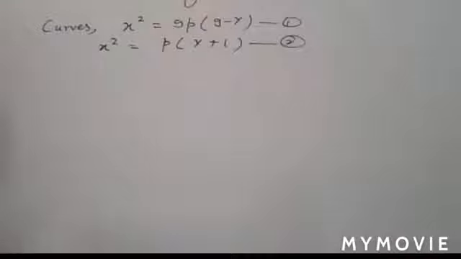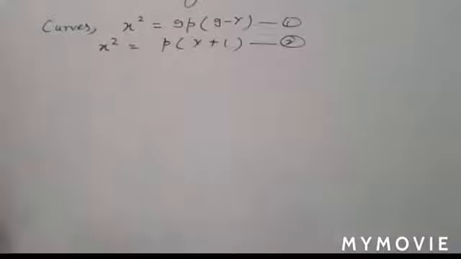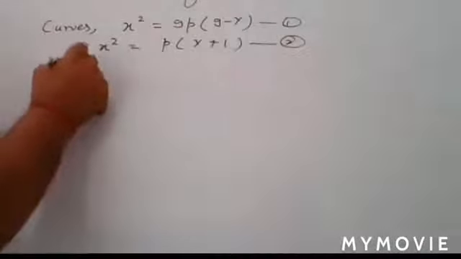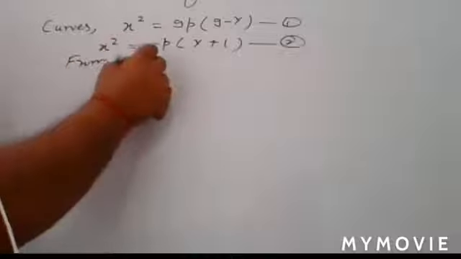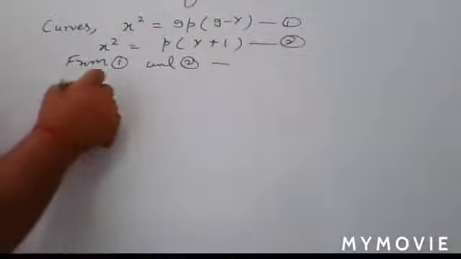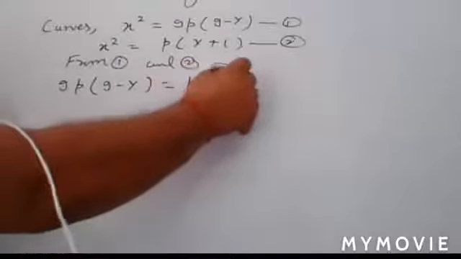First of all, you try to find the point of contact. Here you see that from equation 1 and 2, both values are equal to x square. From 1 and 2, here you have 9p into 9 minus y is equal to p into y plus 1.